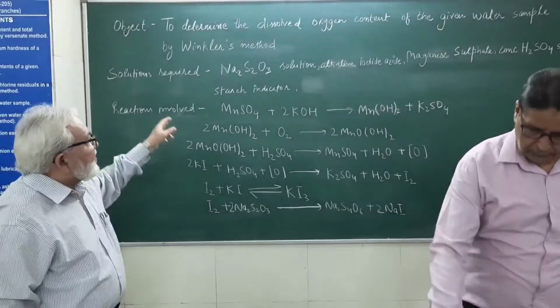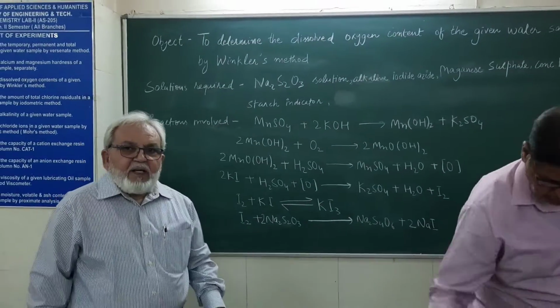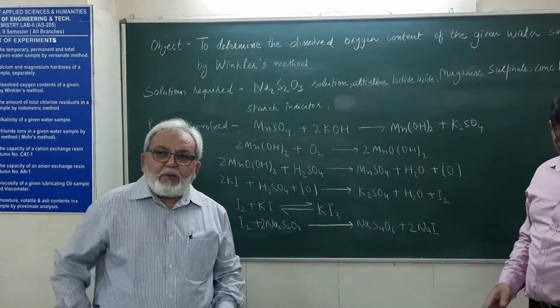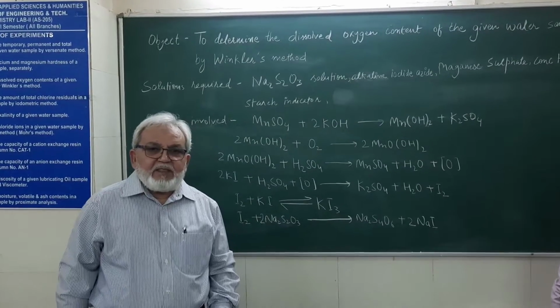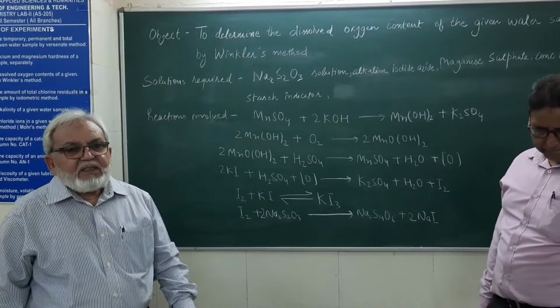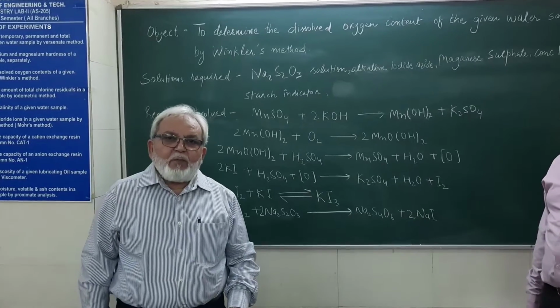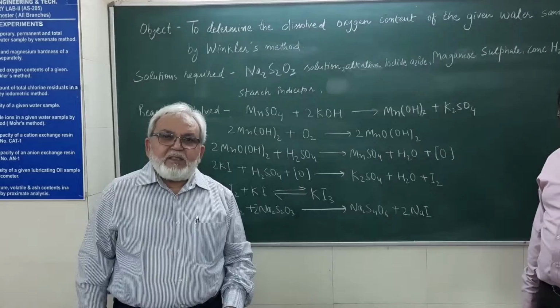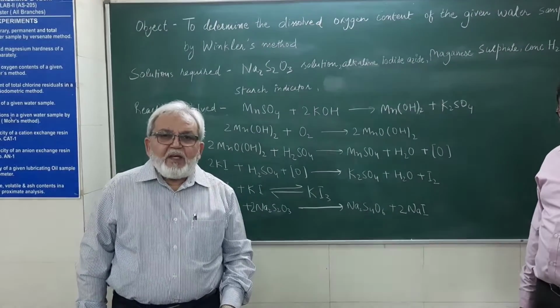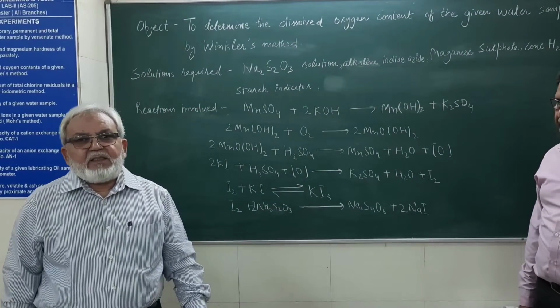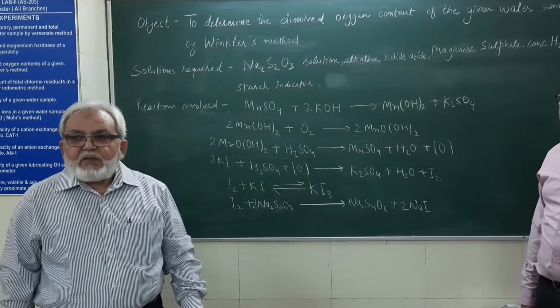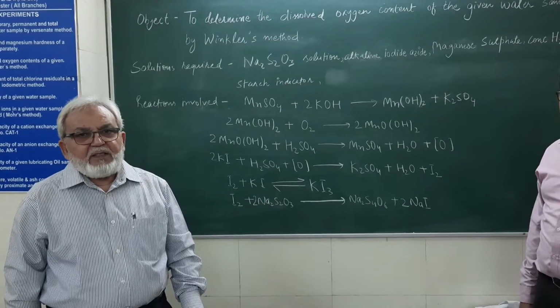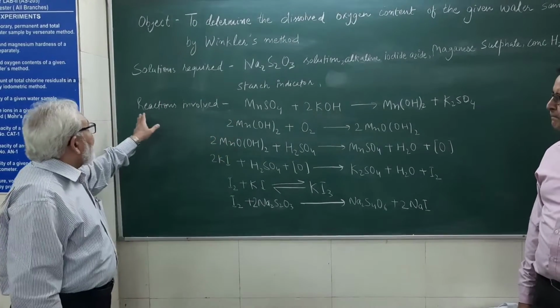The theory of the experiment is that this is a type of iodometric titration in which Mn2+ is oxidized to Mn4+, which oxidizes potassium iodide to iodine, and the liberated iodine is titrated against sodium thiosulfate. The following reactions take place in this experiment.